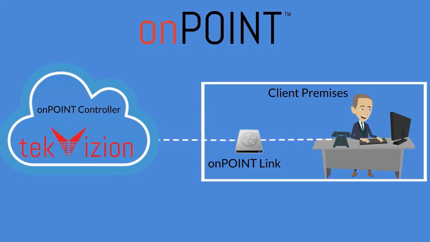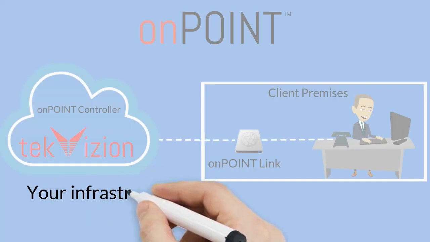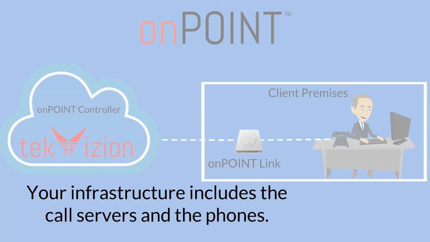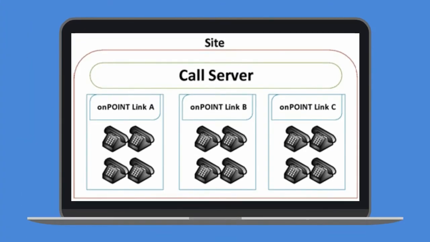The onPOINT controller communicates with the UC infrastructure located on your premises via the onPOINT Link. Your infrastructure includes the call servers and the phones. The following diagram depicts the structure of a site.